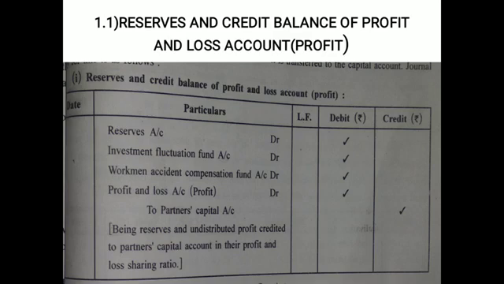Alright? Then, let us read the narration. Being reserves and undistributed profit credited to partners' capital account in their profit and loss sharing ratio. So this is the journal entry for reserves and credit balance of profit and loss account.